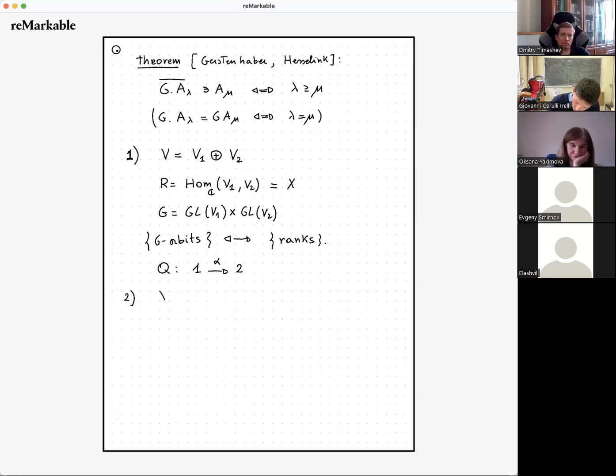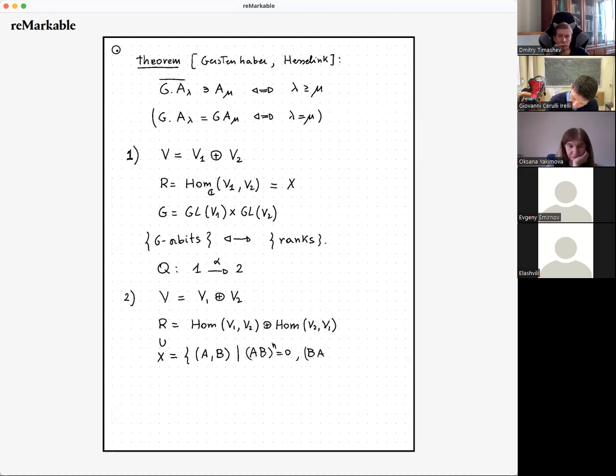Second example, again, V is V1 plus V2, and R is Hom V1 V2 times Hom V2 V1, and inside R we can take X to be the pairs A, B such that, for example, AB to the n is 0 and BA to the n is 0 for n big enough.